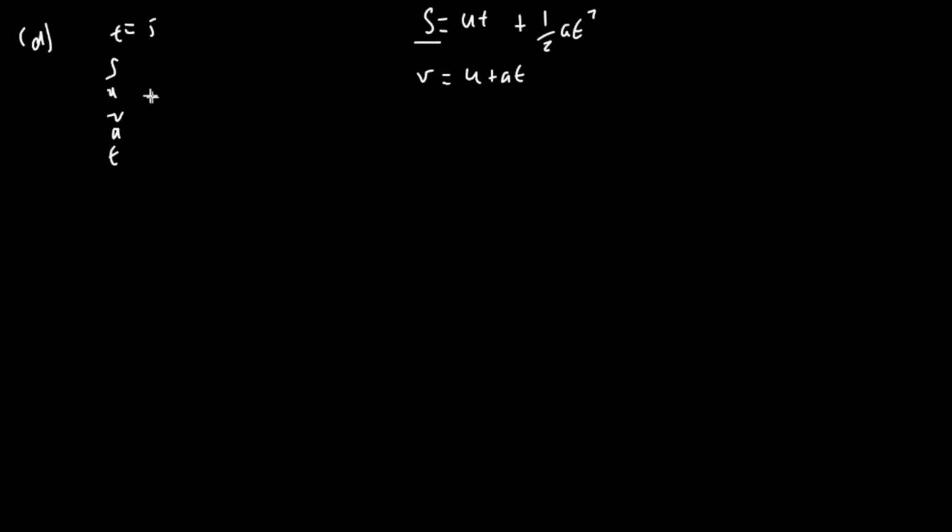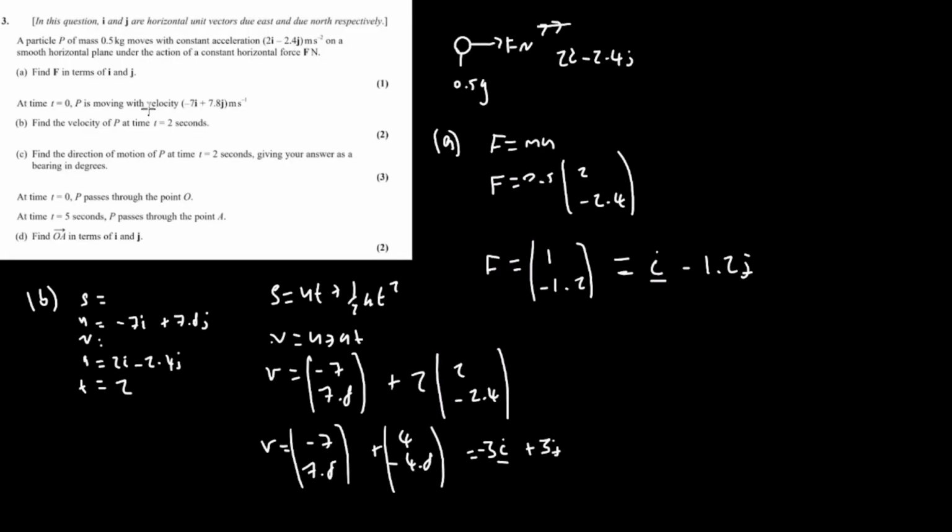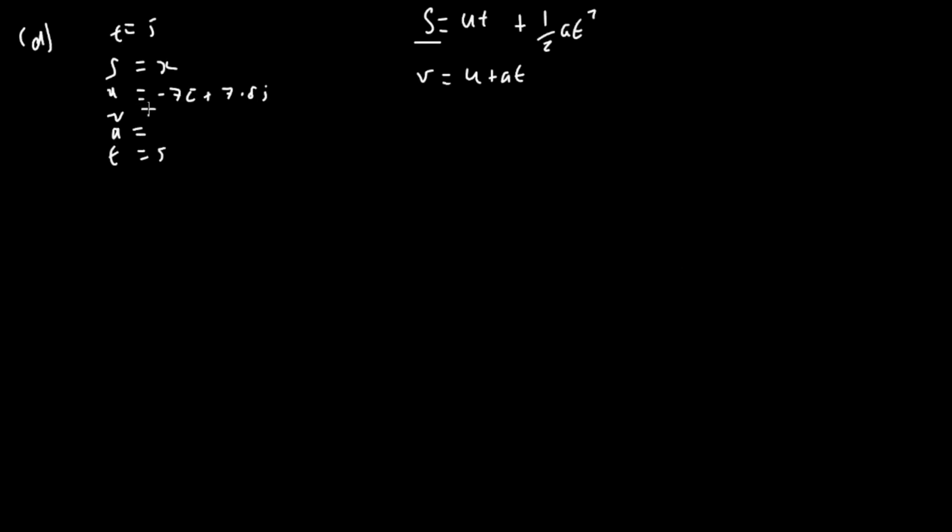So I have, this is x, u is minus 7i plus 7.8j. I'm looking for t equals 5, and then my a is 2i minus 2.4j. And then if I just substitute everything back into this one here, I'm going to have that x equals ut plus a half at squared.